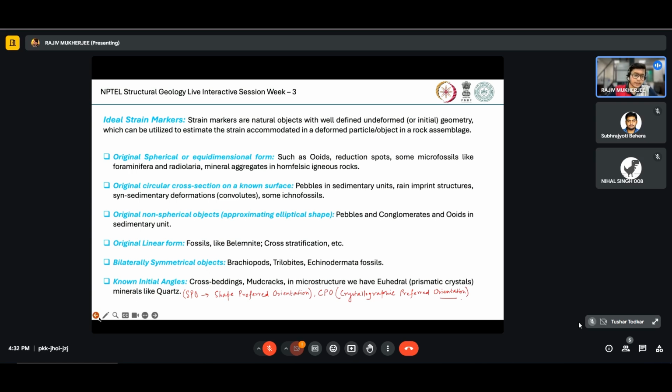So from a microstructural perspective, we use these two quantifications, the SPO and the CPO, to estimate the strain at thin section scale. Okay, so this was all about ideal strain markers.